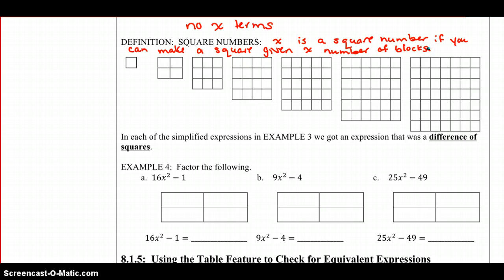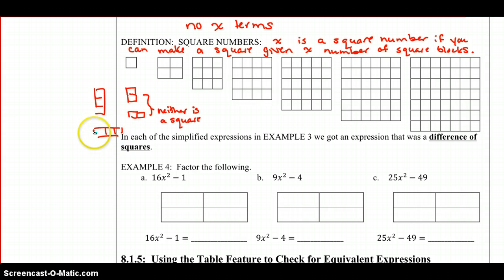So for example, we're given square blocks to begin with. So if you're given one square block, you've got a square. If you were given 2 square blocks to put side by side, it would either look like this or like this. Neither is a square. And if you were given 3 square blocks, put them like this or like this.